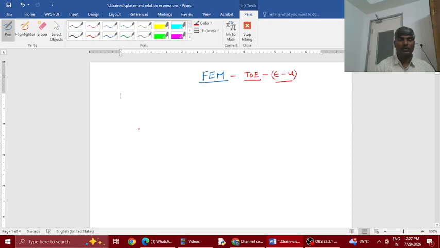So let us consider a particle where its dimensions are say dx and dy. The same particle after the load application is going to deform in this fashion.